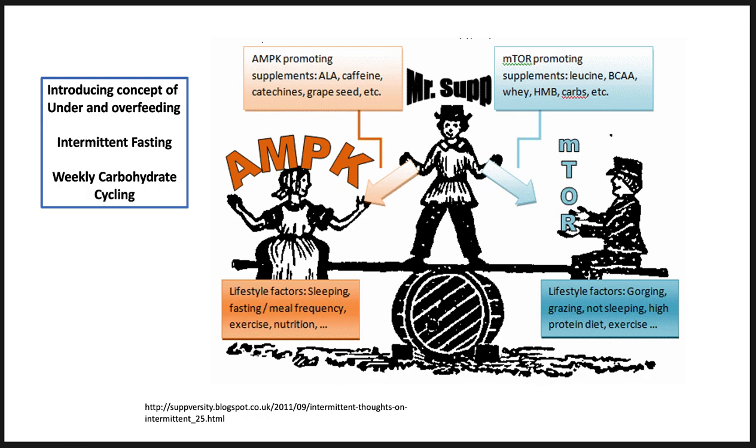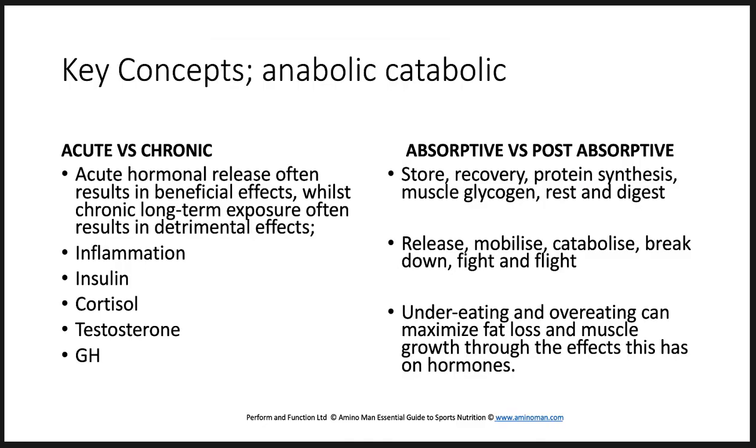But again, we're asking the questions, we're building the bridges, we're starting to get the brain working and thinking which one of these is going to be the best one that I can employ in my strategy, in my protocol that I'm going to give to my athletes. So here we have it. Is a key concept really, shifting from the fasted to the fed state.